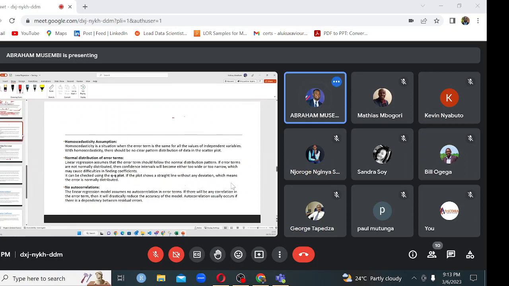Okay, good. Now let's go to the third assumption, that is homoscedasticity. This assumption tries to mean that we should not have any relationship between the error terms.